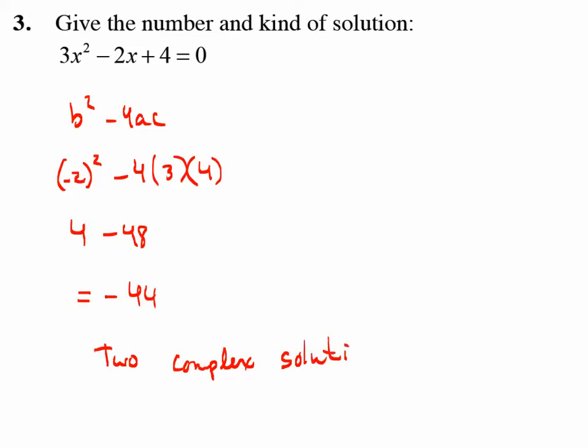So two complex solutions, no matter if it's a perfect square or not. If it's a negative, then no matter what, it's two complex solutions. Absolutely. Once you see a negative in the discriminant, you don't care if it's a perfect square or not. You just know you're going to have an i somewhere there.